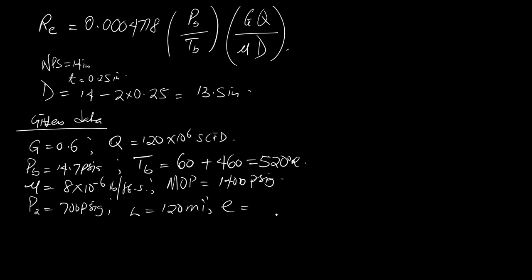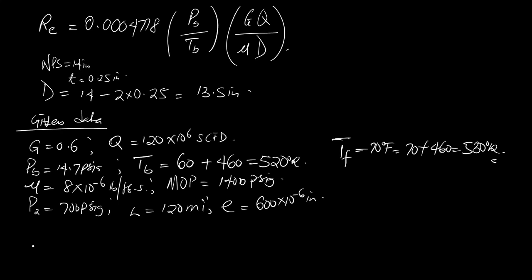The roughness of the pipe is 600 micro inch, which is your E. And the temperature of the gas is 70 degrees Fahrenheit, which is 70 plus 460. This will give us 530 degree Rankine.